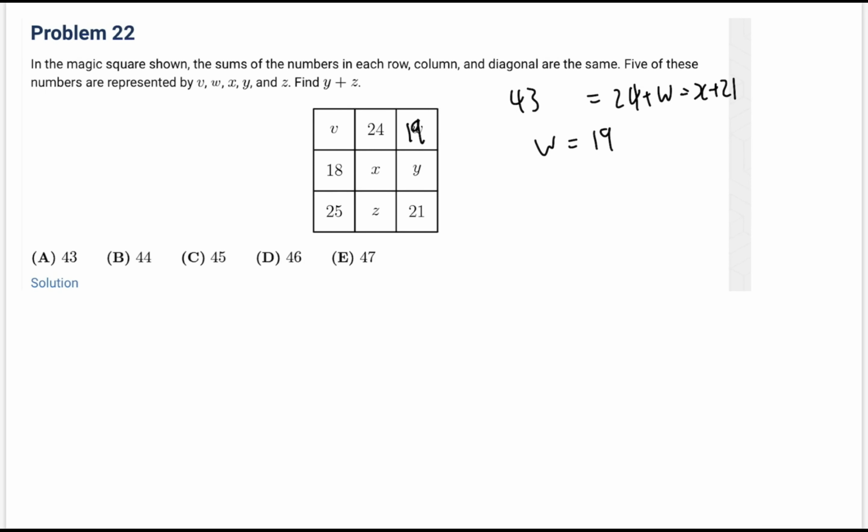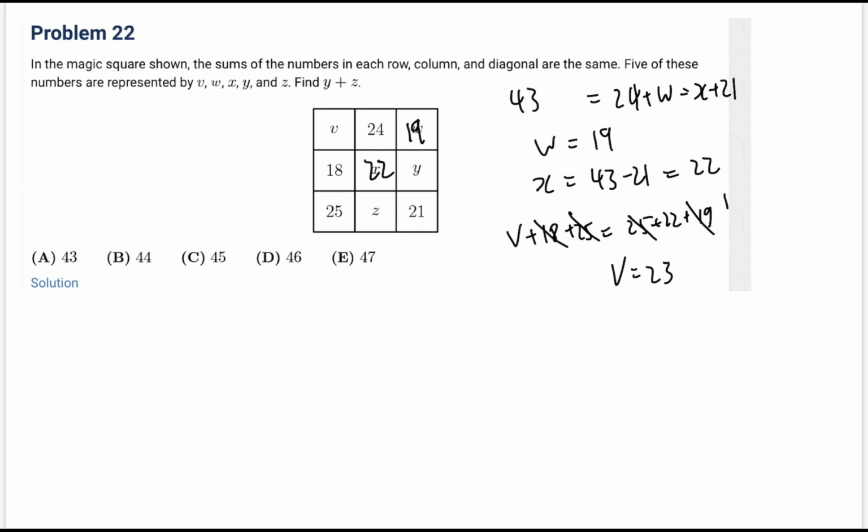So 43 equals x plus 21. X equals 43 minus 21 equals 22. So this is 22. But then this should also be the same, right? So v plus 18 plus 25 equals 25 plus 22 plus 19. So if we take out the 25 and the 18 and leave a 1, v equals 23.